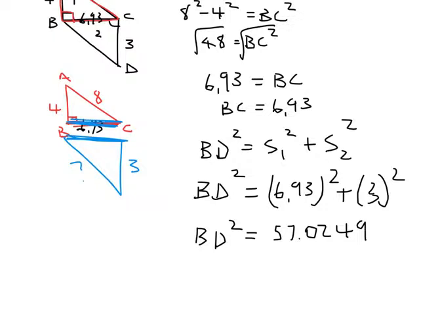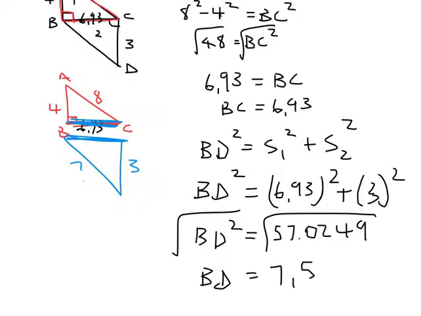Then you will square root both sides, the square root of 57.0249, and you end up getting BD equal to 7.55, and that is the end of it. I've just rounded it off, corrected to 2 decimal places.